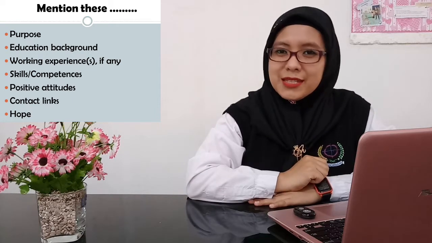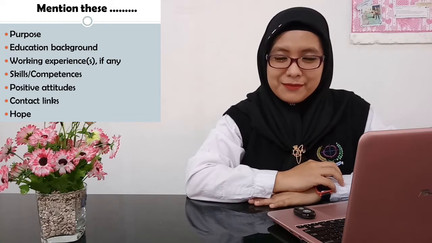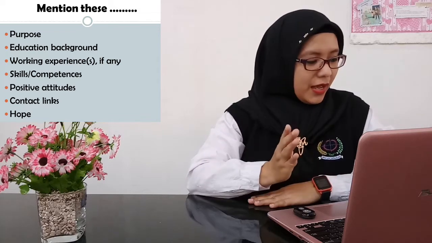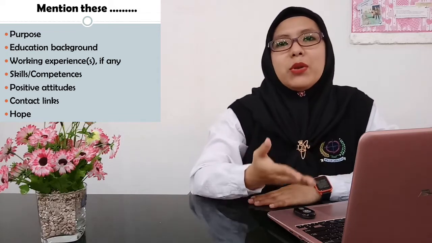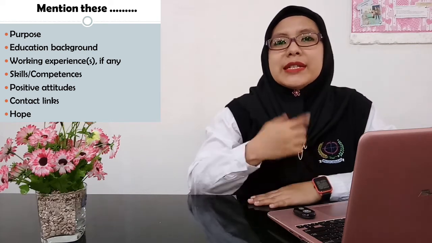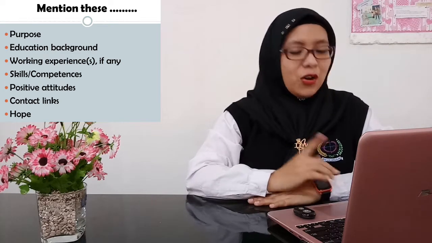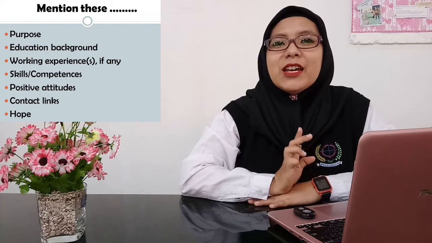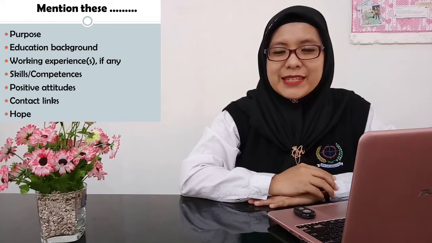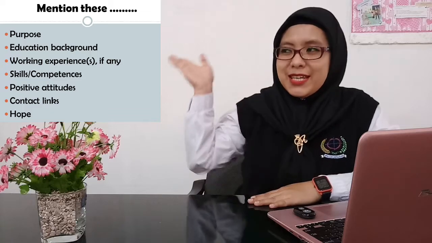And then you could continue with telling the employer your education background, and then working experience if you have. And then you can continue with telling the employer your skills or your competencies. Also, you can add about your positive attitudes, also the contact links, and you would close it with a hope, of course. Later on, after this, I will describe exactly what you can mention in each item.